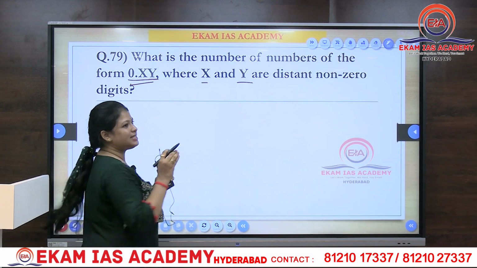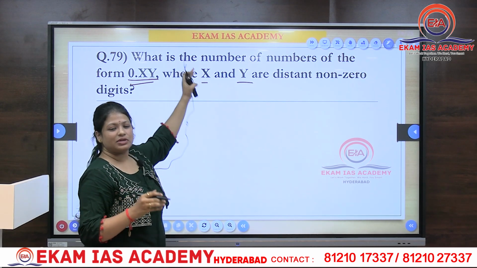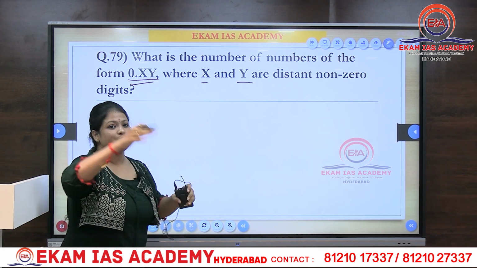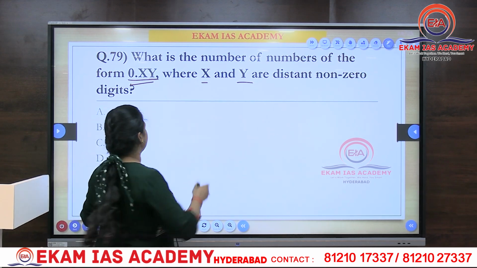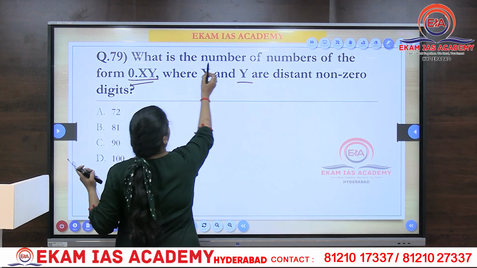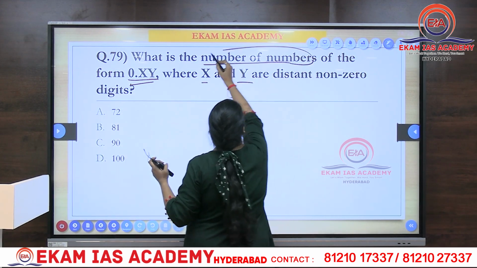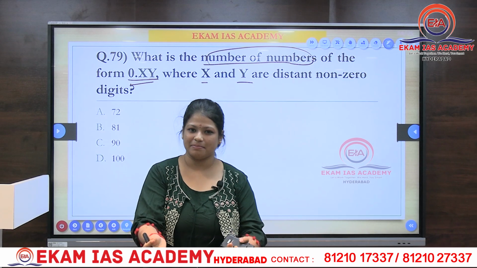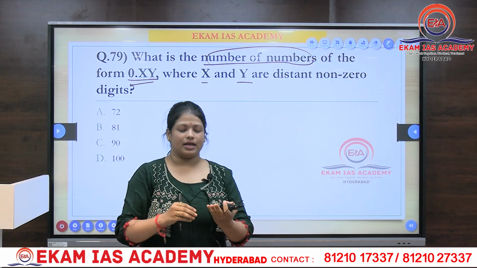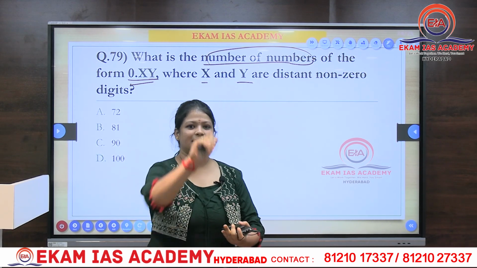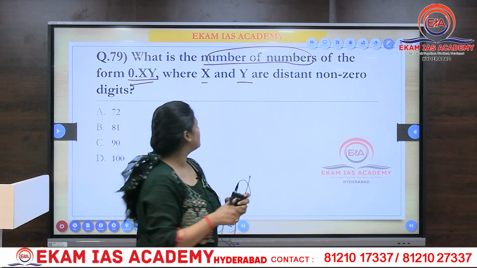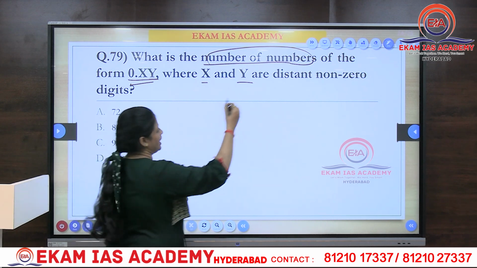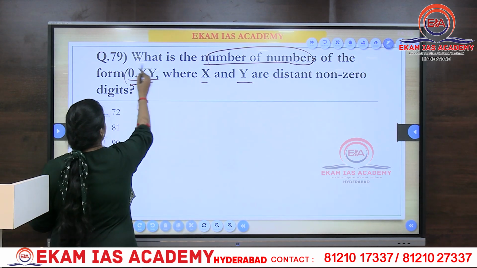Please, when you find the question is very difficult, break the question into different parts so that you can understand it. What is the number of numbers? Means how many numbers are there? If I take 1, 2, 3, there are 3 numbers. If I take 1, 2, 4, there are also 3 numbers. Know the difference. How many numbers are there in the form 0.xy?